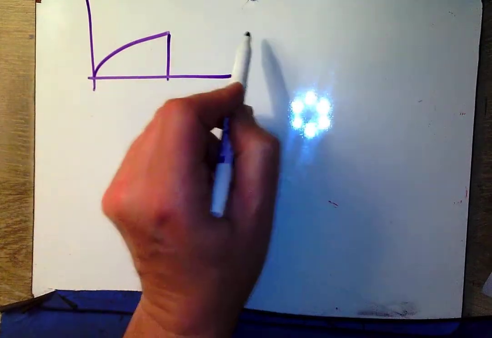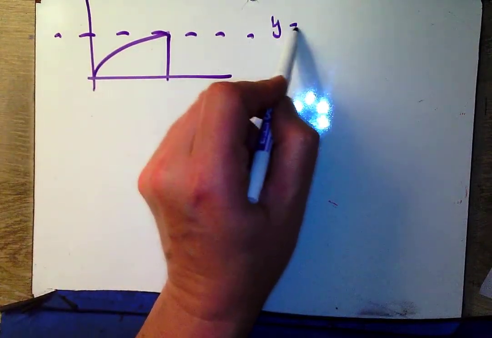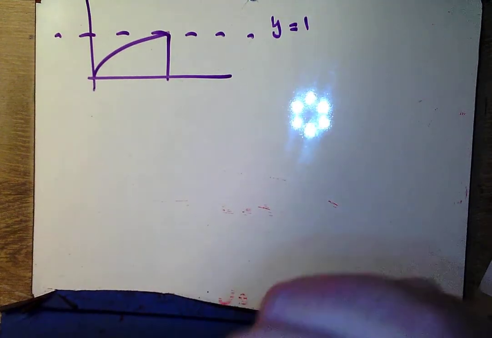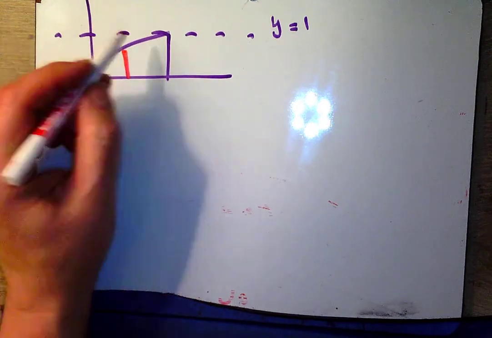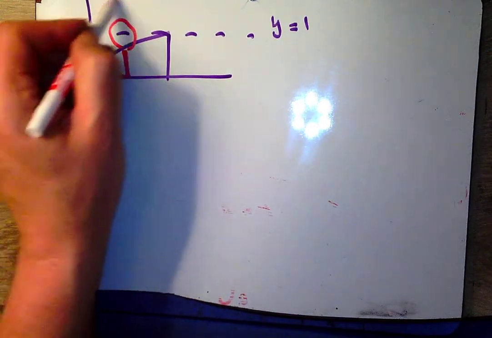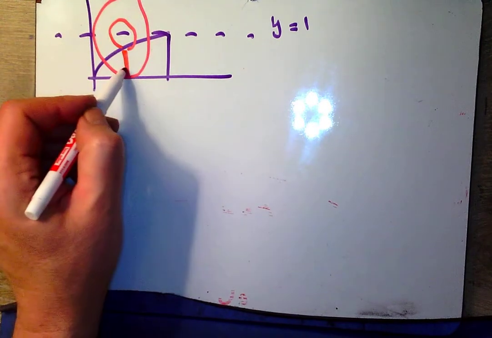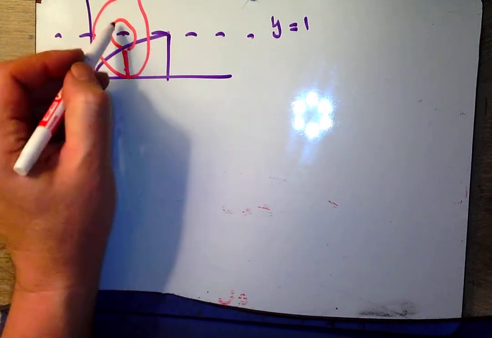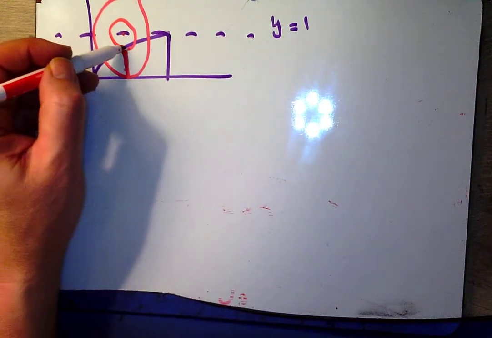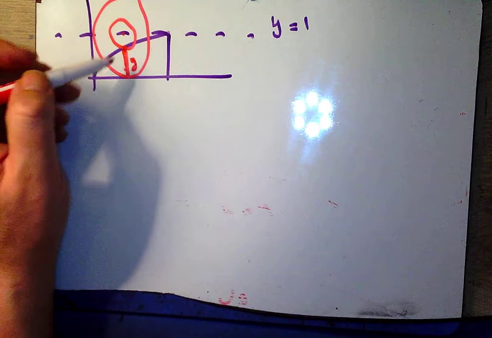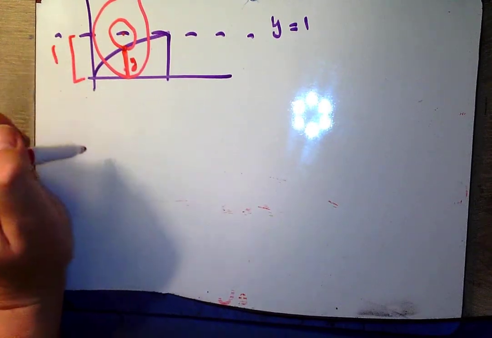What about 7? Now we're rotating around y equals 1. Okay, there's our region. Here's y equals 1. We're using discs and washers, so I draw something that's perpendicular to the axis of rotation. And at each end of that segment, I draw a circle whose center is the axis of rotation. Now, at this ordered pair, that is the y value, and that distance is 1.